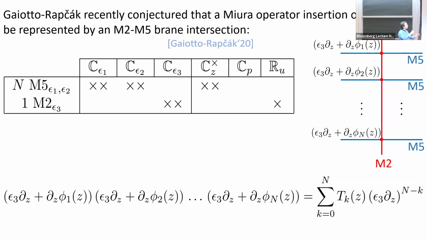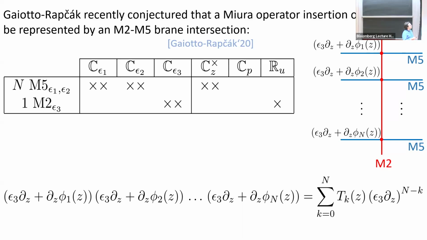If I intersect M5 branes with an M2 brane, the algebra of operators protected by this configuration would be encoded in precisely a Miura operator. The Miura transformation corresponds to a brane configuration with n M5 branes intersecting a single M2 brane. I'm not giving a proof, but this is the idea.